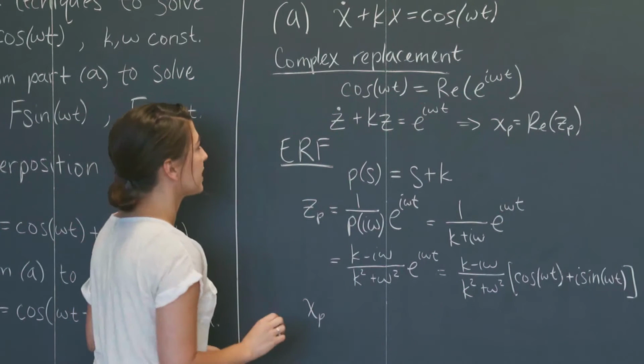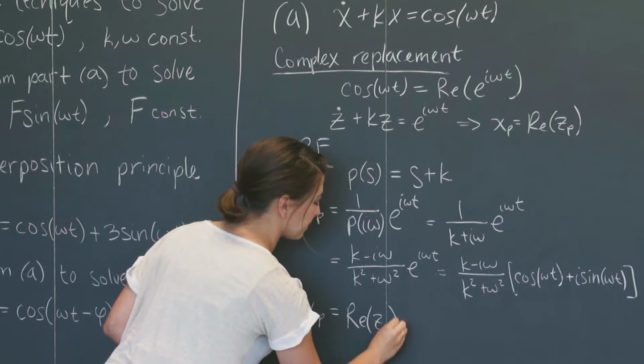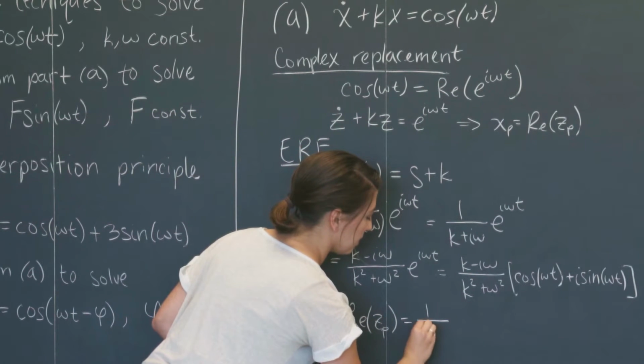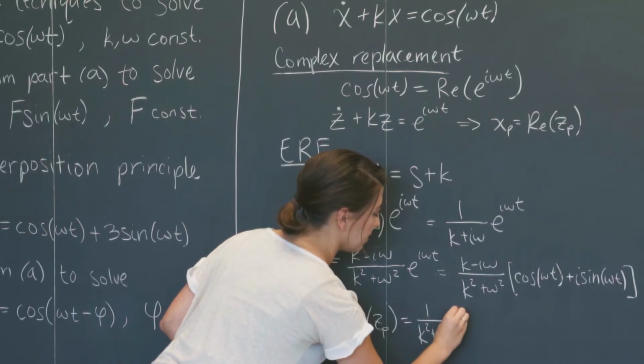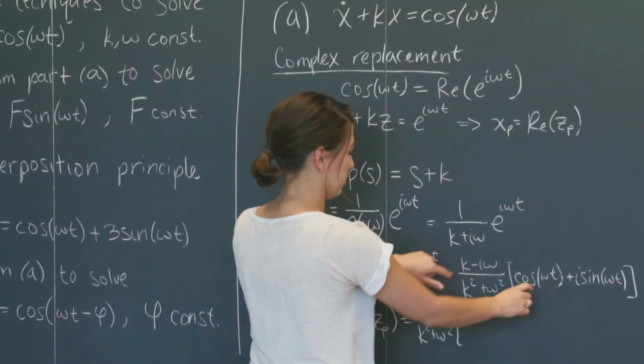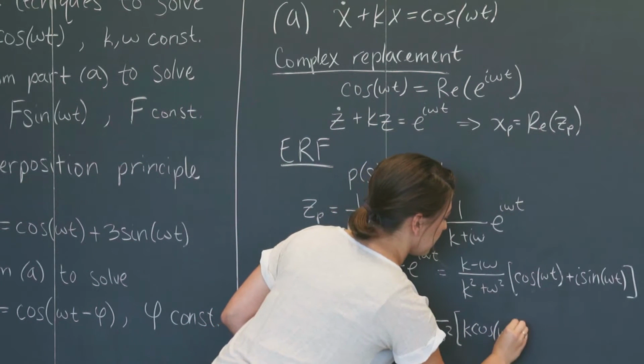Now we just need to take the real part of the solution to get x sub p, our particular solution. So x sub p equals the real part of z sub p, which is equal to 1 over k squared plus omega squared times k times cosine omega t, which gives us our real part.